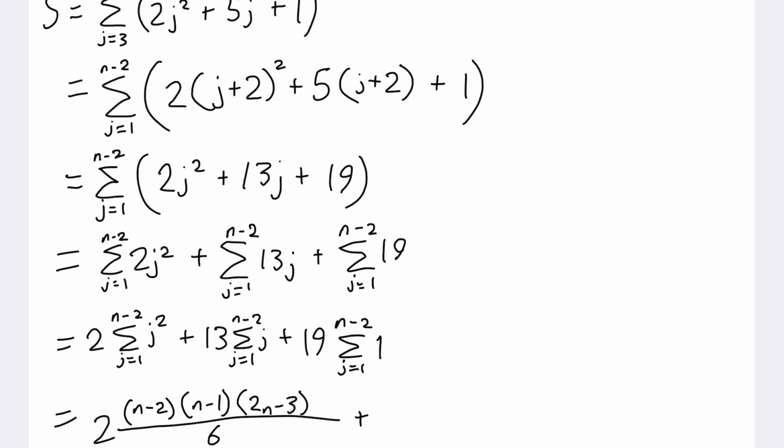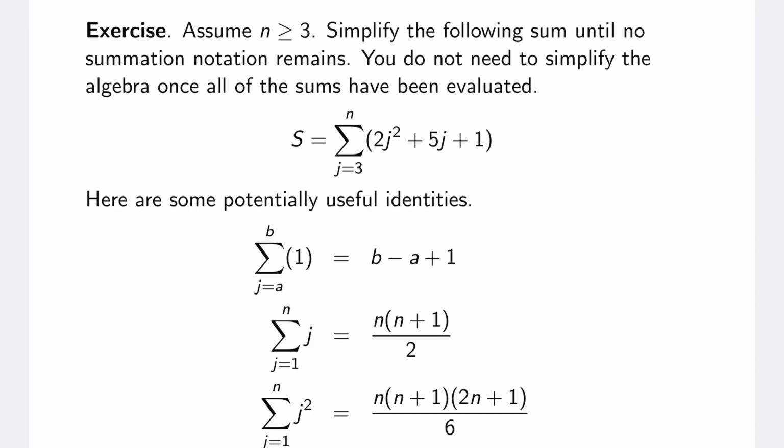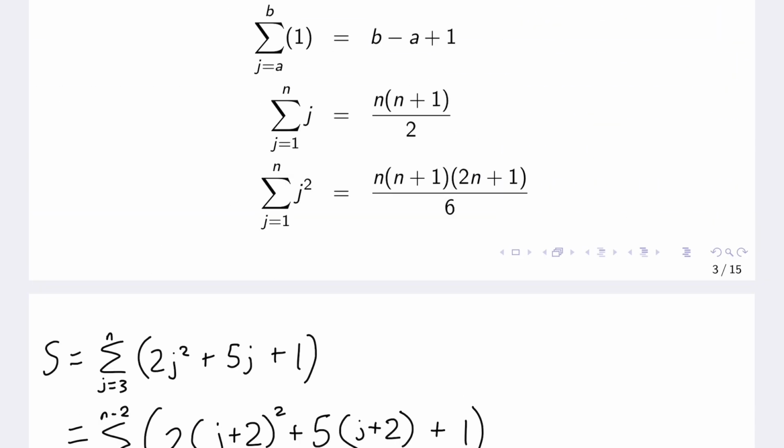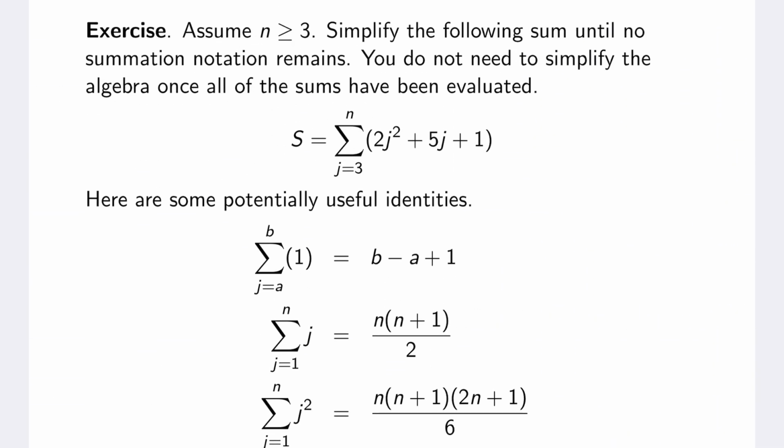Next up, we simplify this part using a very similar idea. Keep the constant multiple, and then use the summation identity, just replacing n with whatever we're actually counting up to. And then this summation identity for constant, interestingly, doesn't require you to count from 1.